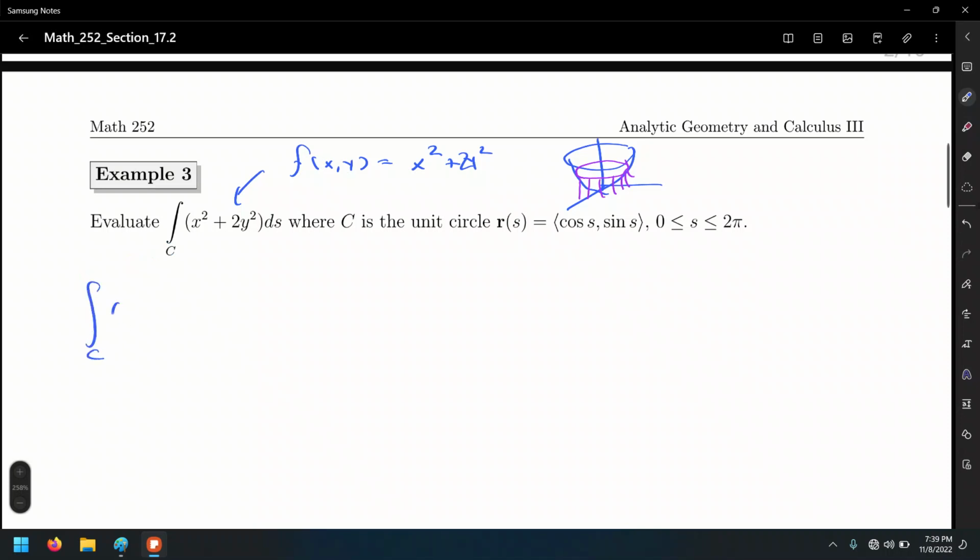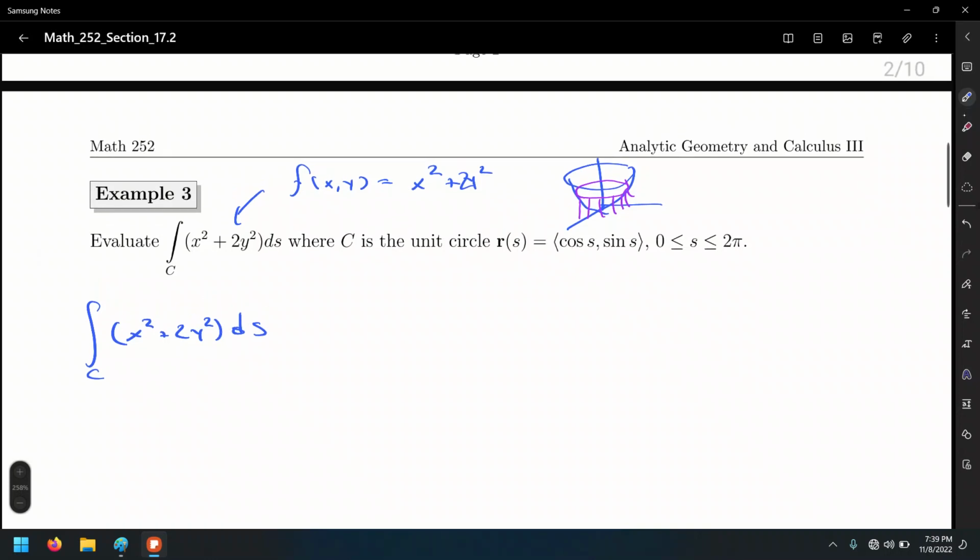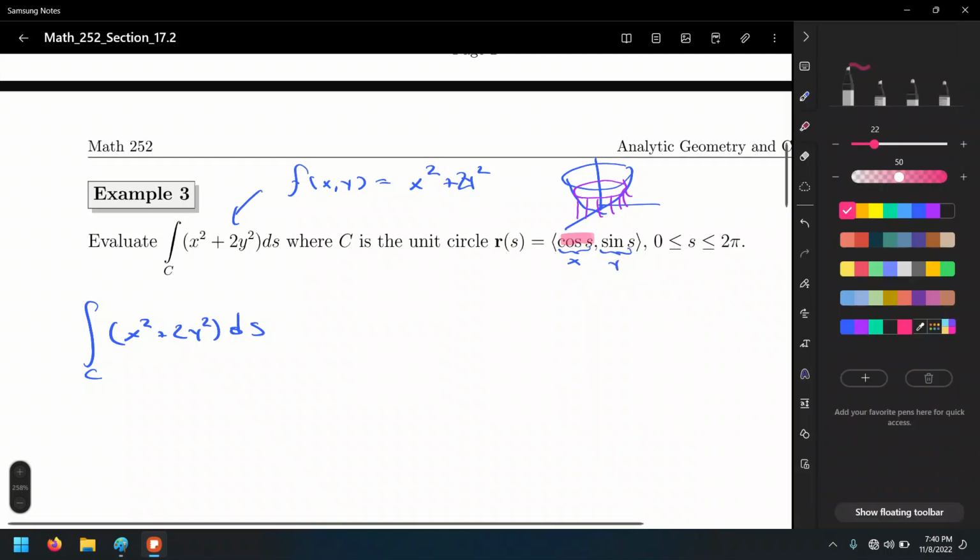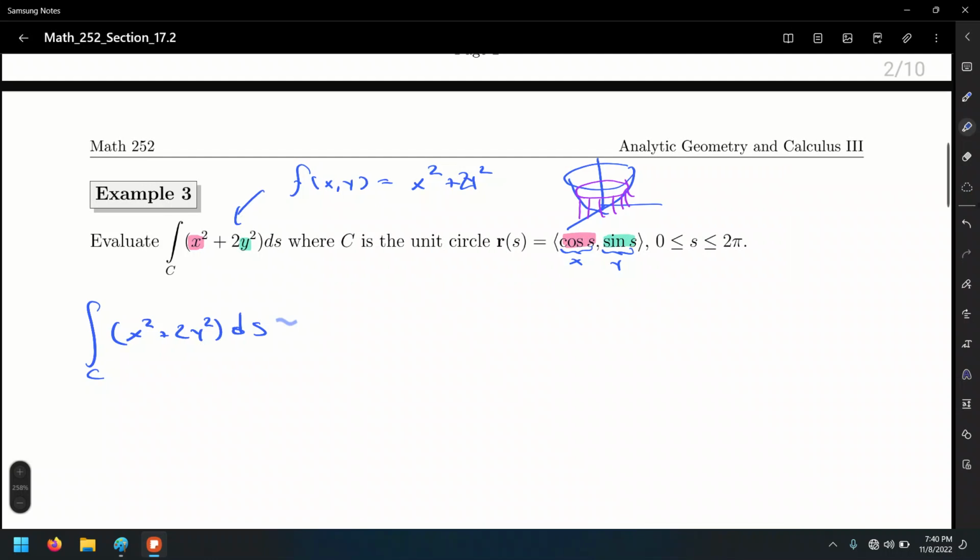The integral over C of x squared plus 2y squared ds, where in this case this is x, this is y. All we do is substitute the x wherever you see the letter x, and the y wherever you see the letter y. That's all we're going to do for this simple example.